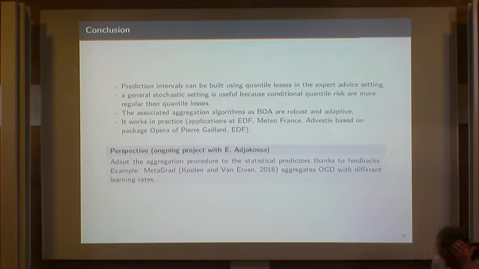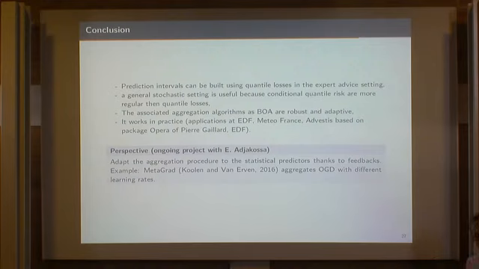Another example of aggregation used on statistical learners, and the first example, was MetaGrad by Koolen and Van Erven. They didn't use BOA, but another algorithm that is very close, called Squint, which is almost the same. They aggregate online gradient descent algorithms with different learning rates.